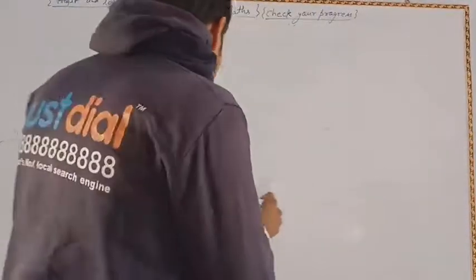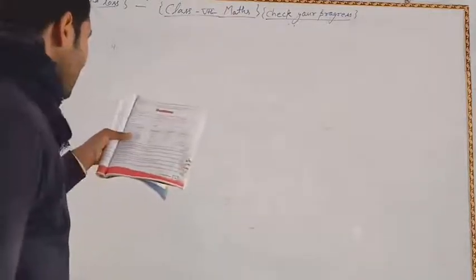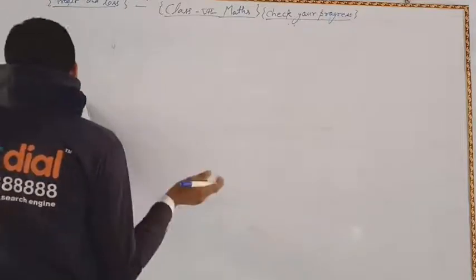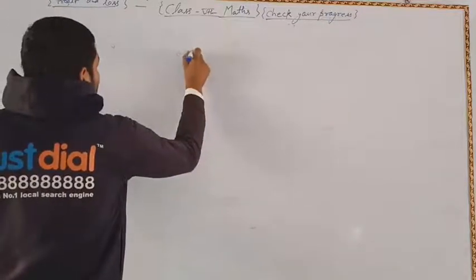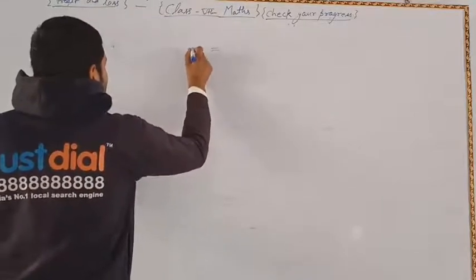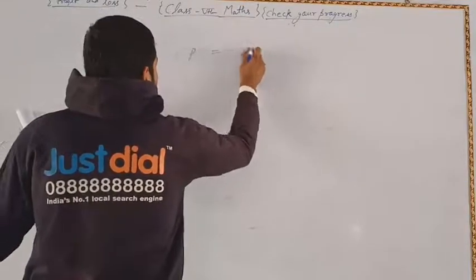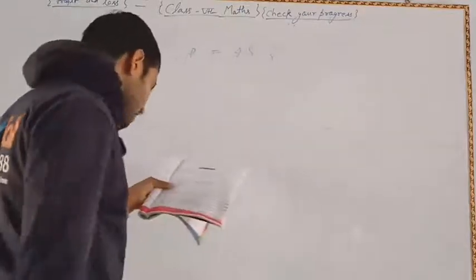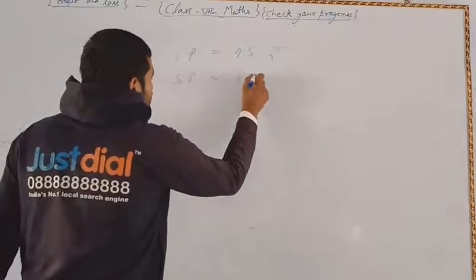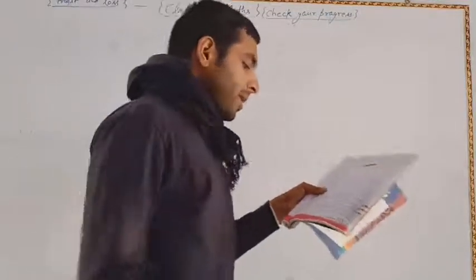So the cost price is given as 45 rupees, and the selling price is also given as 63 rupees per book. Then find his profit percent on each book.